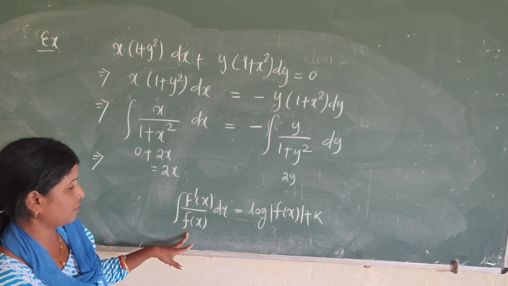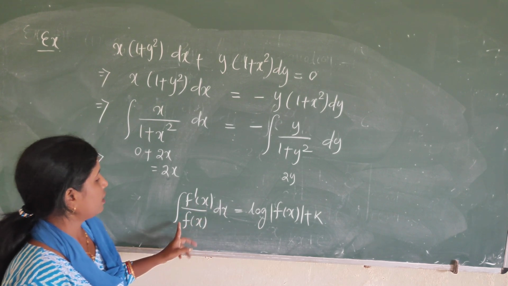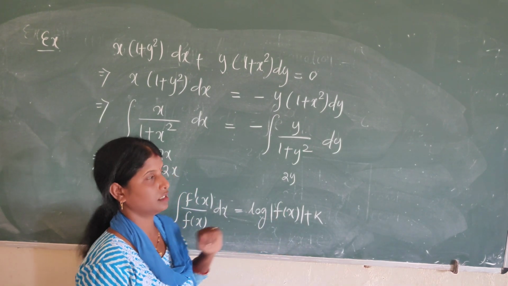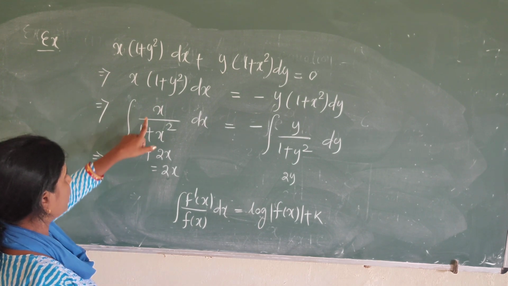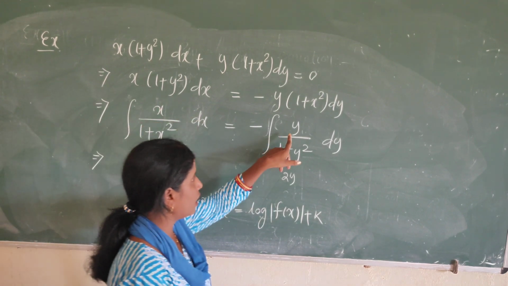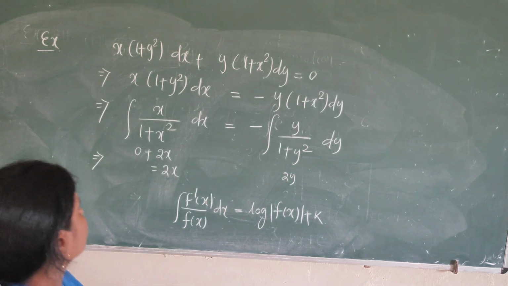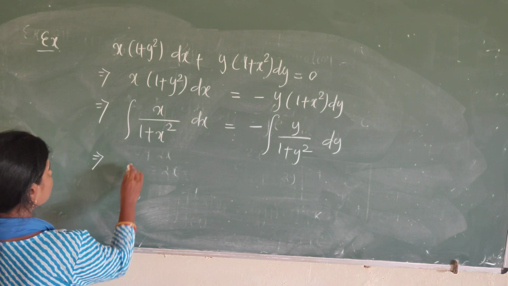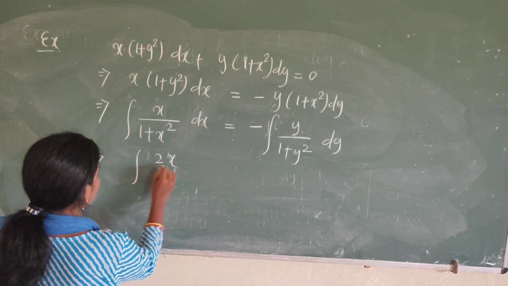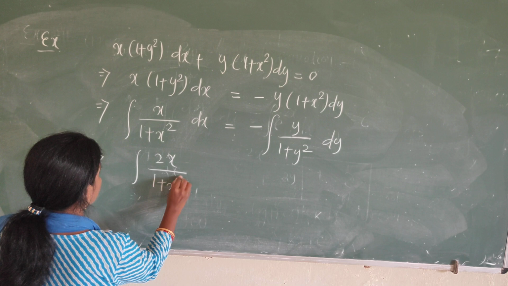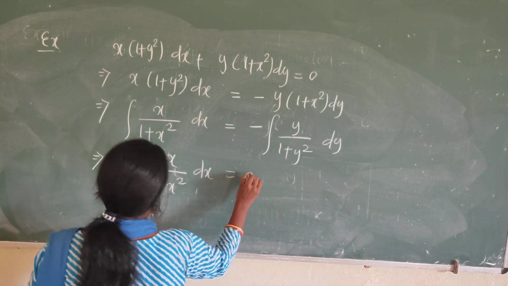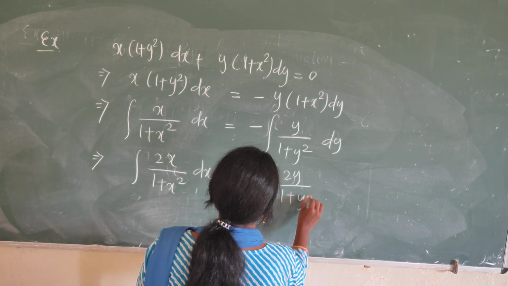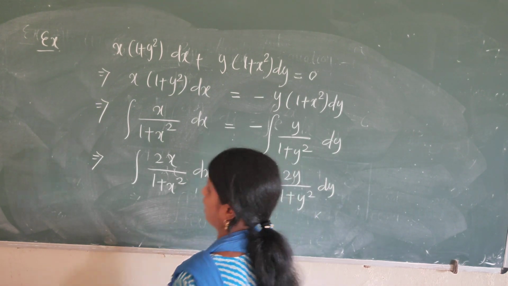f dash x by f of x dx. Then our integration will be log f of x. So we have to make it 2x and 2y. How? We multiply 2 on both the sides. 2x by (1 plus x square) dx equal to minus 2y by (1 plus y square) dy.